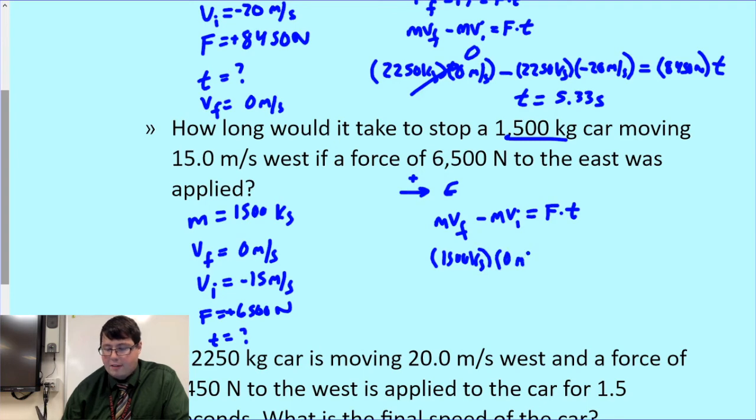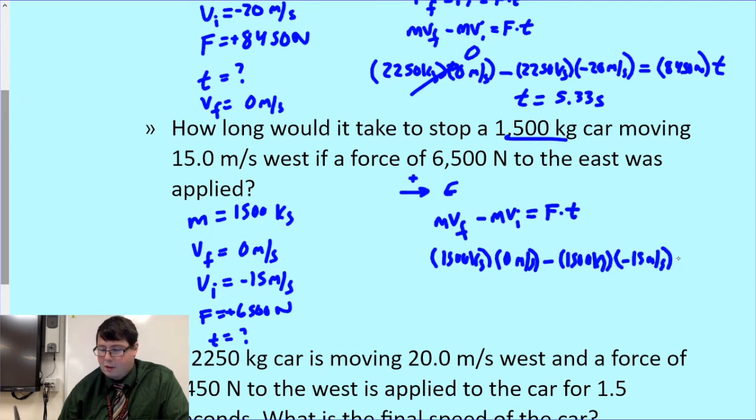My final velocity is 0 meters per second, minus my 1,500 kilograms times negative 15 meters per second is going to equal 6,500 newtons times the time. Solving that out, 1,500 kilograms times the minus 15 meters per second divided by 6,500 newtons, I end up getting for my time 3.46 seconds.